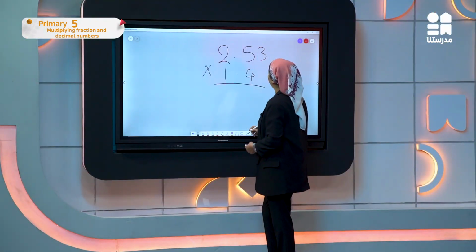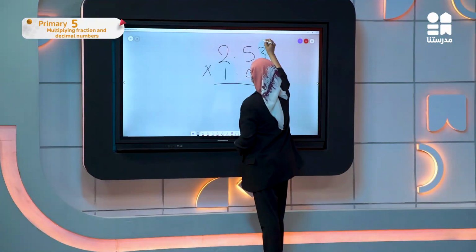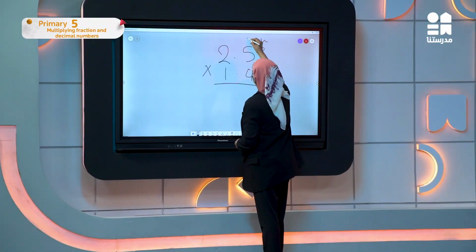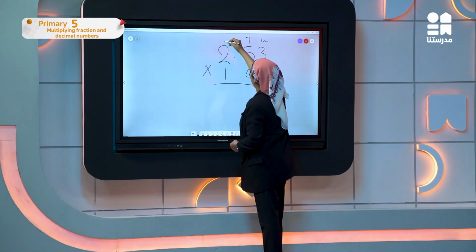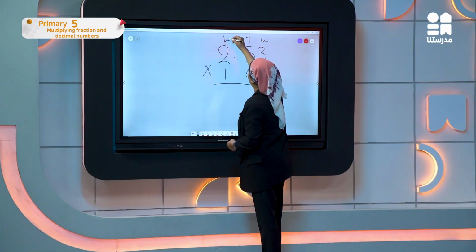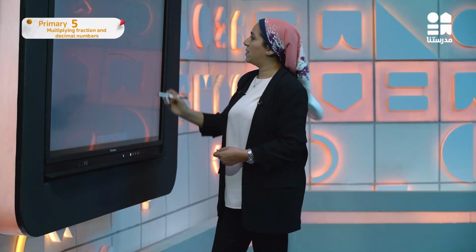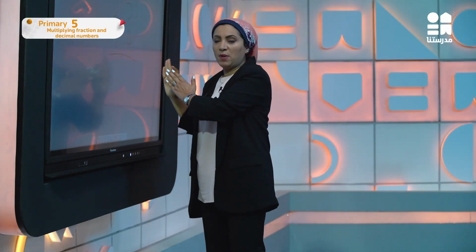Okay, here 2.53 and 1.4, I want to multiply them together. So again, I will write down the units, tens and hundreds digit, and I start. First, again, I will put away the decimal points and I will deal with this number as if it's a normal multiplication.